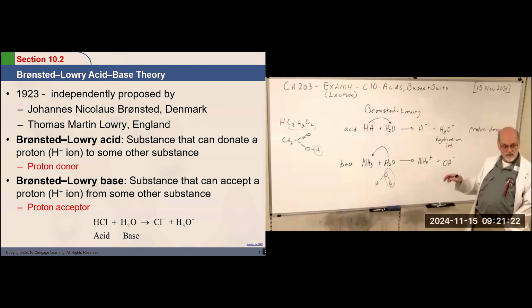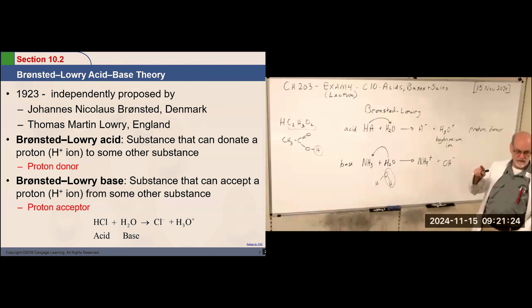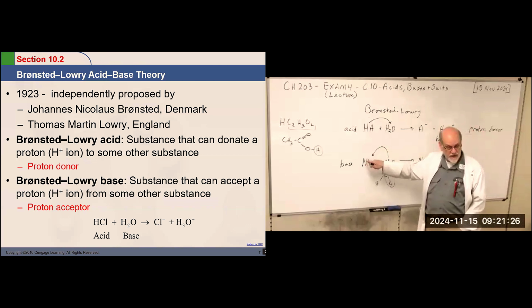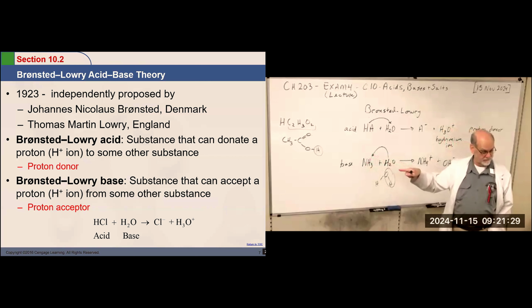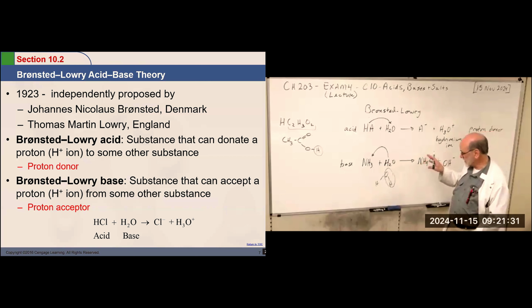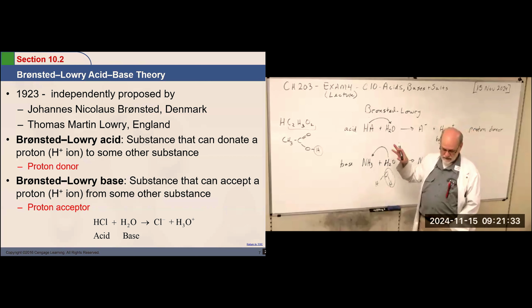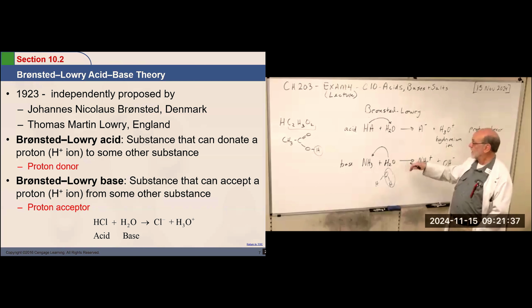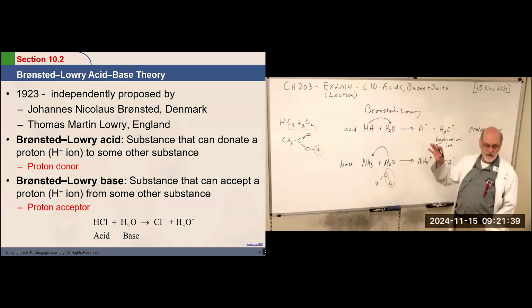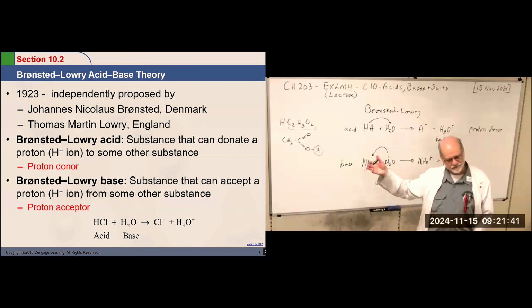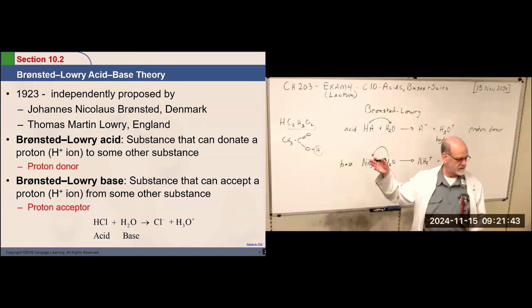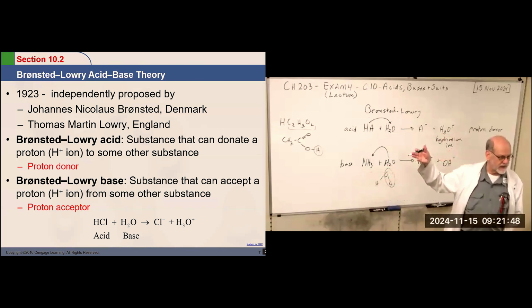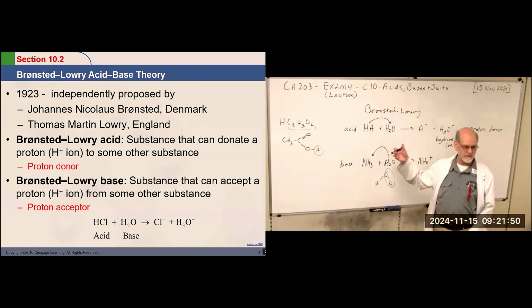Okay? So that's where the hydroxyl comes from. It doesn't come from the molecule itself. Okay, that's the essential difference between Arrhenius and Bronsted-Lowry acids and bases. Whereas Arrhenius covered 90% of acids and bases, Bronsted and Lowry can cover 99.9% of acids and bases.